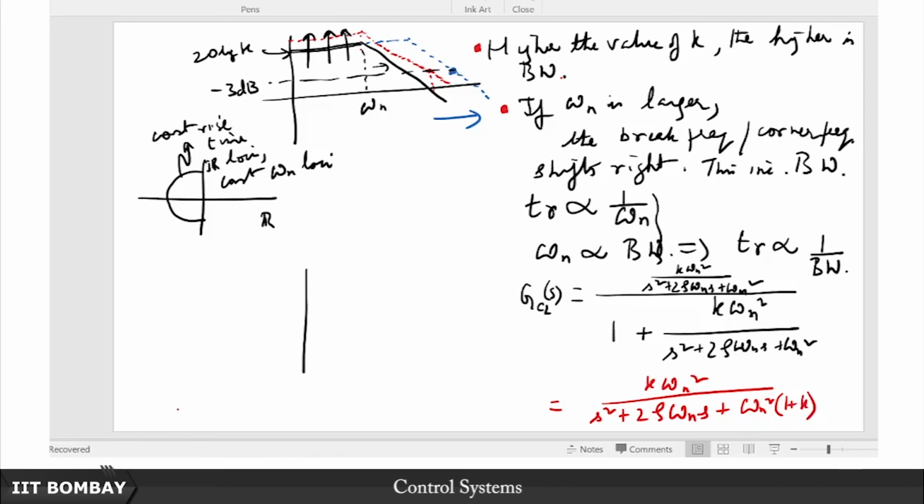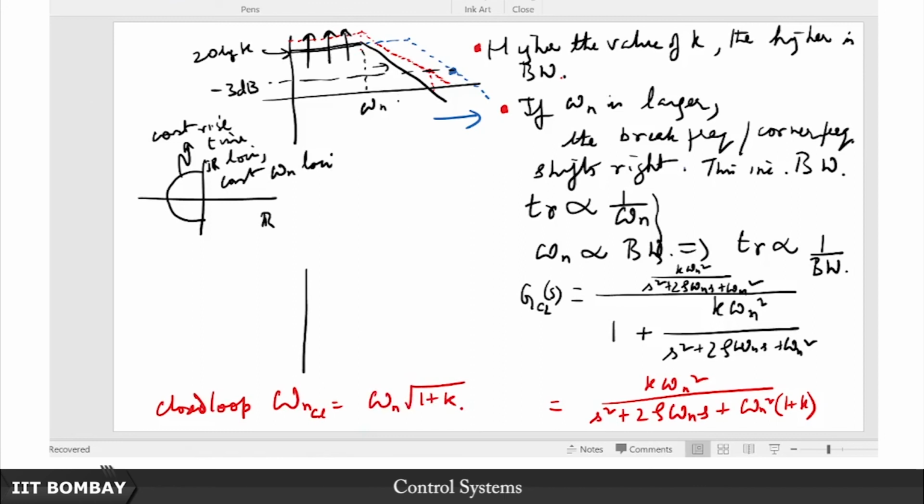So now your closed loop omega n CL is equal to the open loop omega n into square root of 1 plus k.